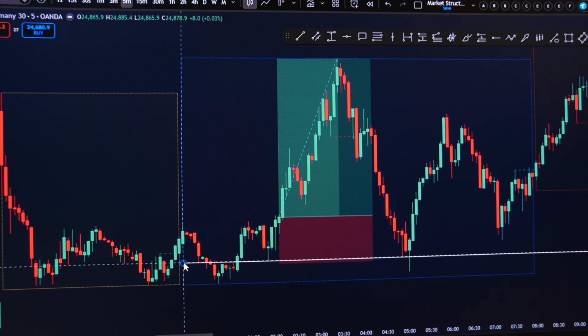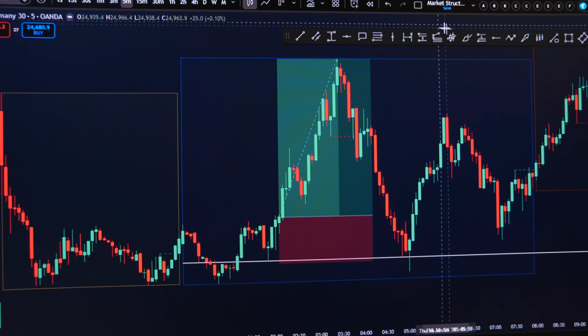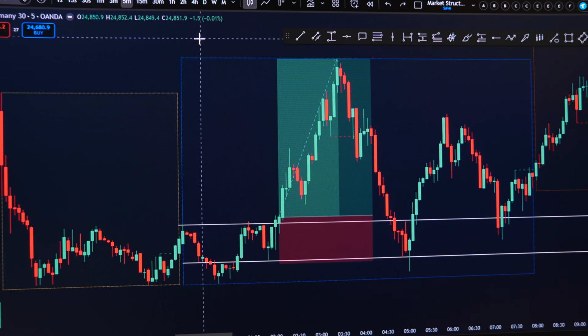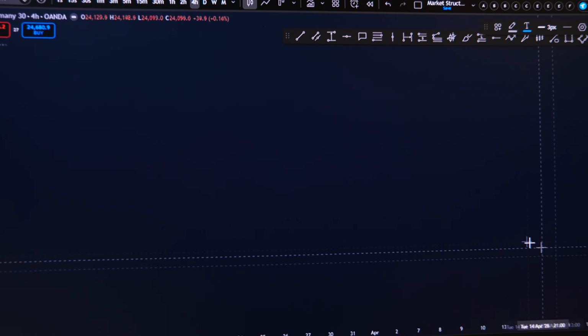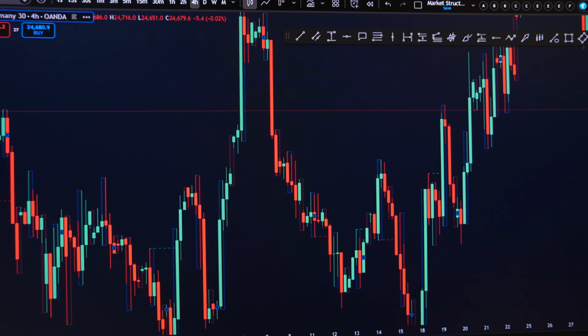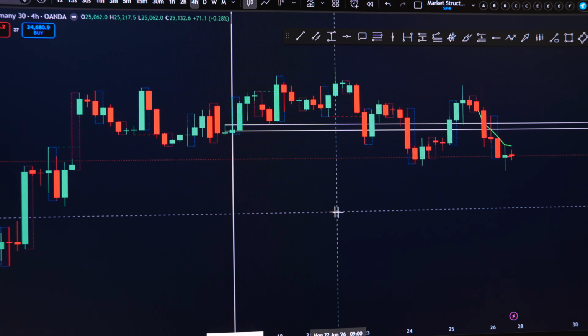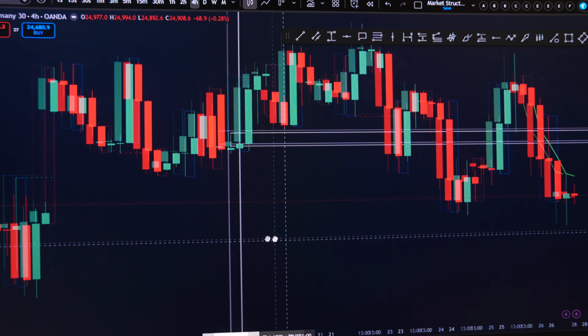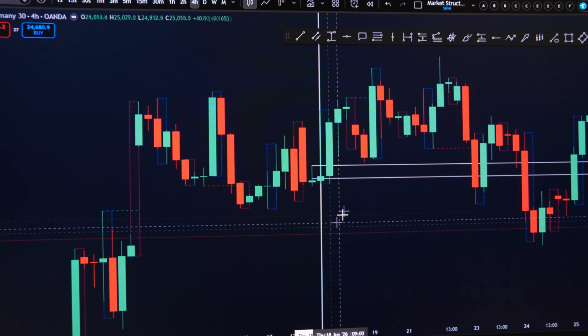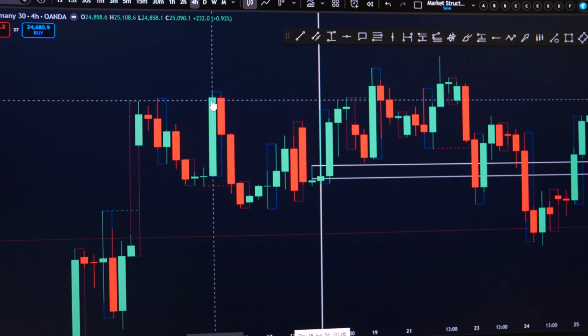Okay, let me keep that on there. Let's go to the 4 hour. Sometimes I like to look at the 4 hour to see where I'm at in the market. So we're in the 4 hour chart now. Sometimes you'll get a clear one, but sometimes you won't. Let me see.